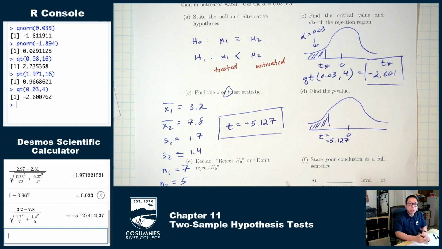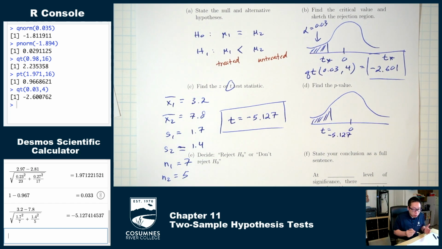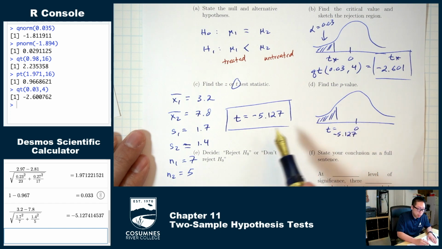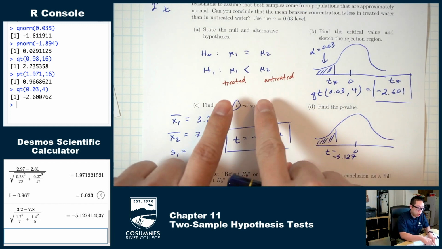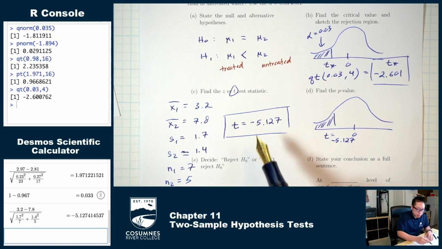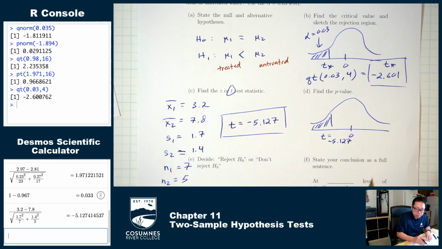Right, so because it's shaded to the left, I did expect a T that's negative, right? So this does match my picture. If for some reason you had a positive answer here and your picture shaded left, what probably happened was you swapped your 1s and 2s. So chances are if you stick a negative on it, it's probably correct.